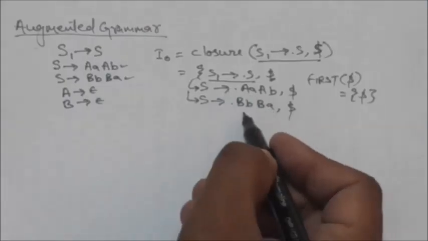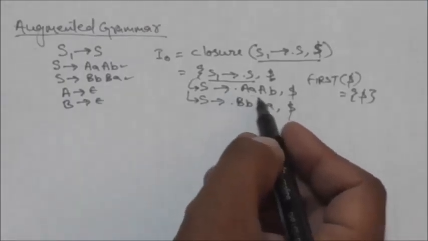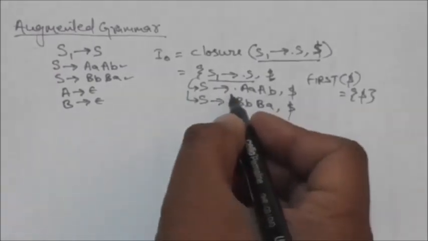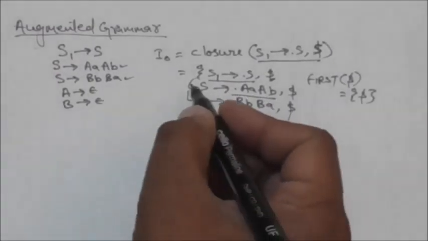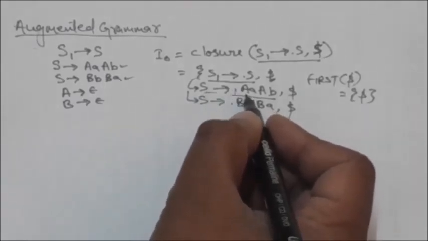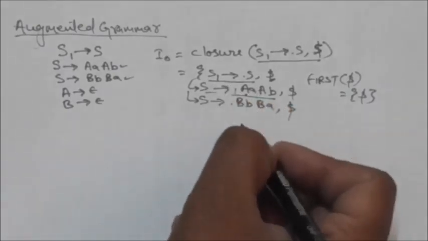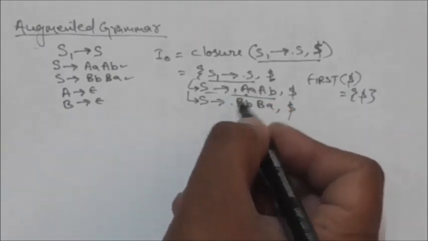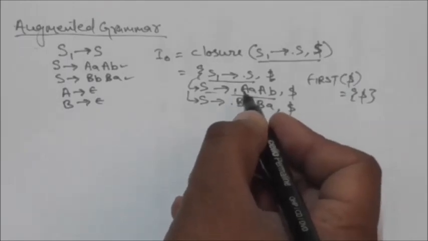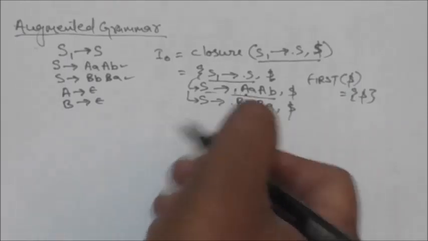See, these two new items have been added. So in these newly added items we need to check the position of dot. So first I will check the position of dot in this newly added item. In this item you can see that dot is preceding this non-terminal symbol A. So I need to add more items also, right? I need to add an item in which this non-terminal A is at left side.